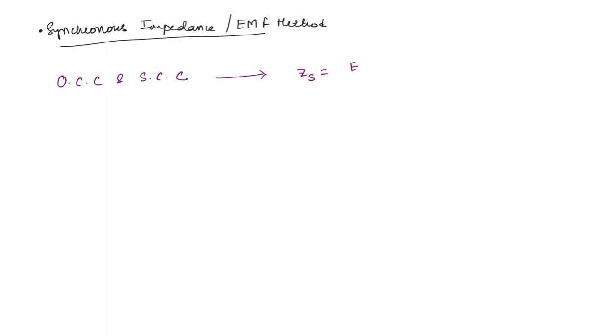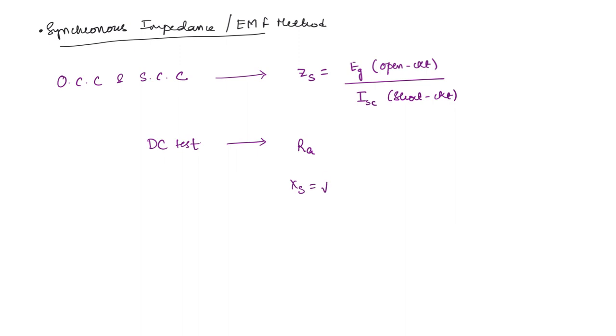It is equal to the generated voltage at open circuit, that is no load condition, divided by ISC, that is the armature current at short circuit condition. And then we can find out the armature resistance from the DC test. So we will get the synchronous reactance as well. This is equal to square root of ZS square minus RA whole square.